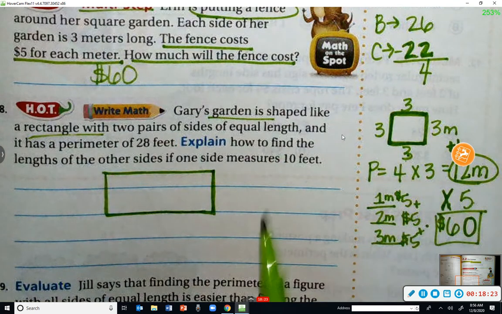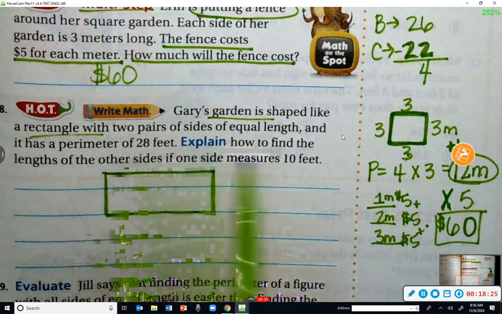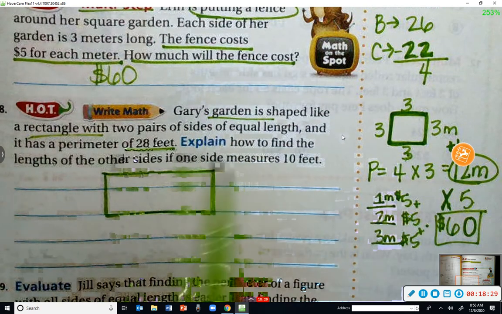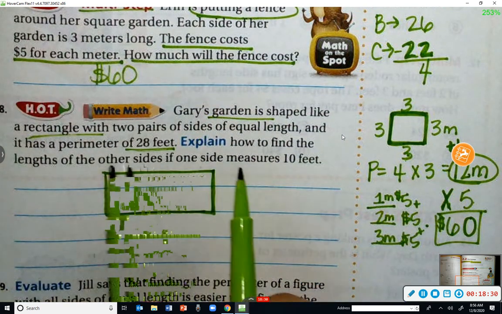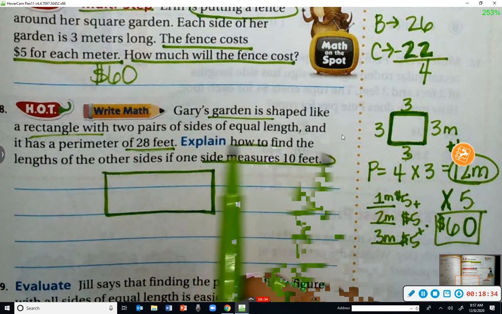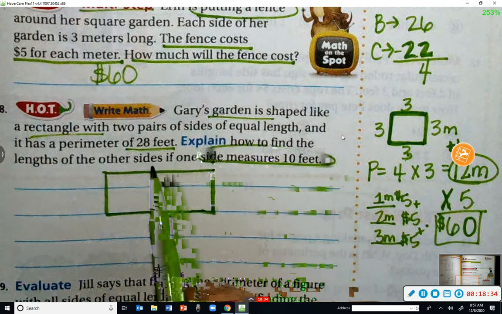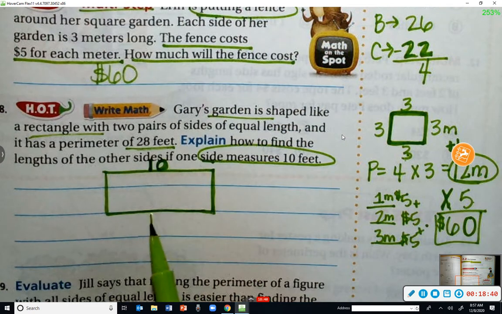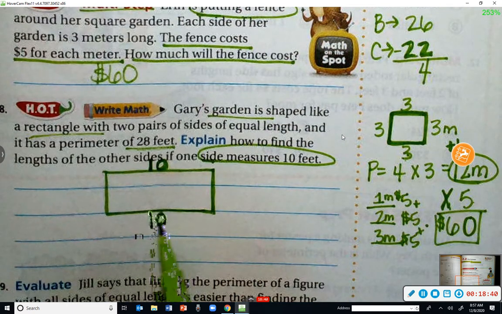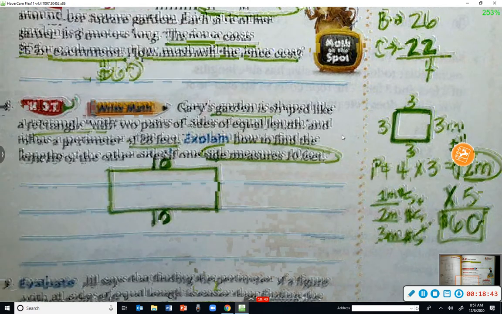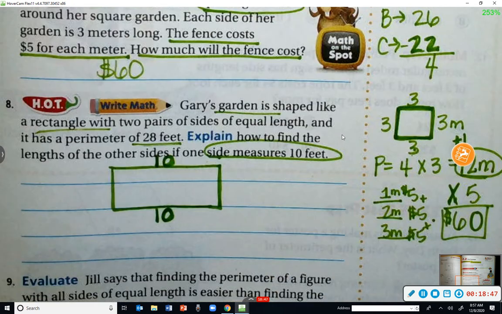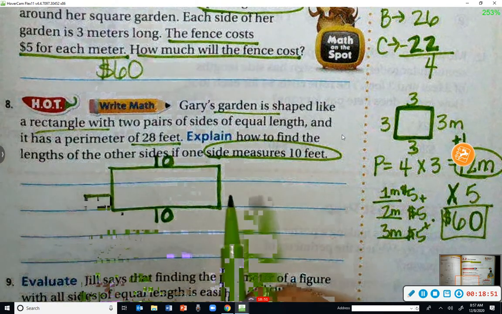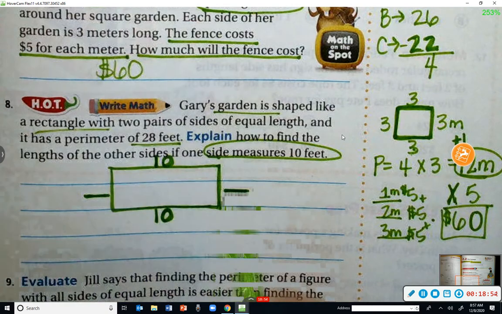Yes, so if we continue reading, it has a perimeter of 28, explain how to find the lengths of the other sides if one side measures 10 feet. Well, I know in a rectangle, if one side measures 10, then the one across from it measures 10, right? Right, Brandon? Yes. Okay, so now if I can figure out this side, then I also know this one.